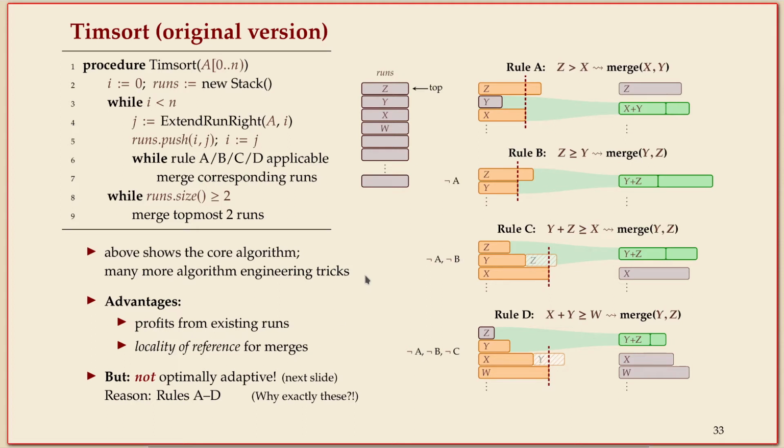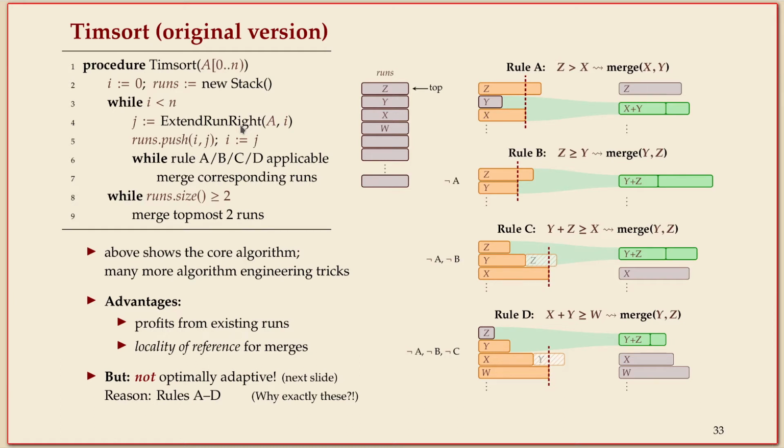I should point out that this is the core of the algorithm to the extent that I need you to see it to make sense of the rest. There's many other parts. Maybe I can just mention a few things. If you find that the next run is really, really small, you actually don't stop there, but you extend it to some minimum size. And that is done with some binary insertion algorithm, because that happens to be more efficient if you have very small lists.